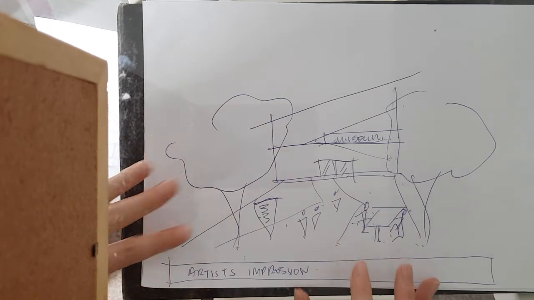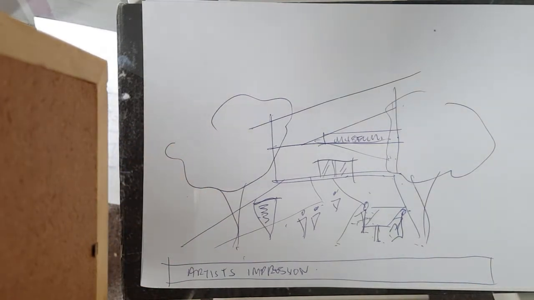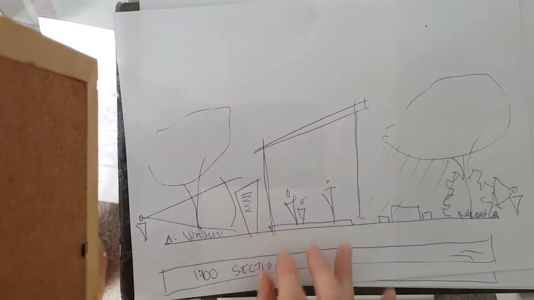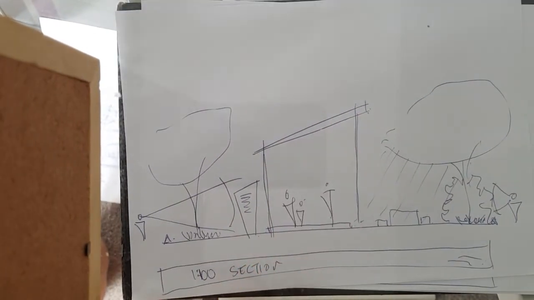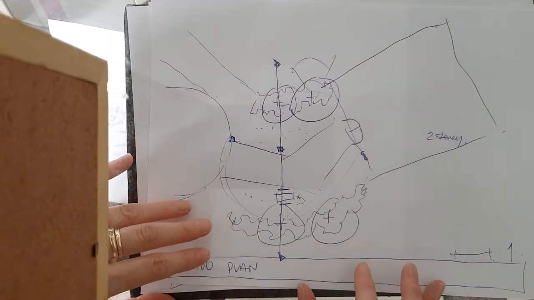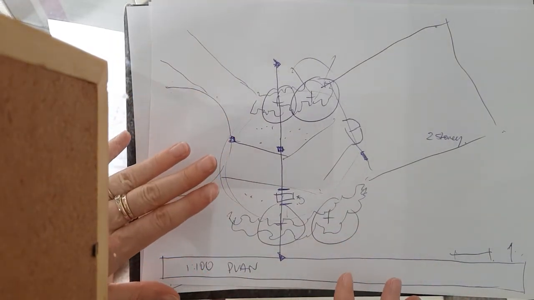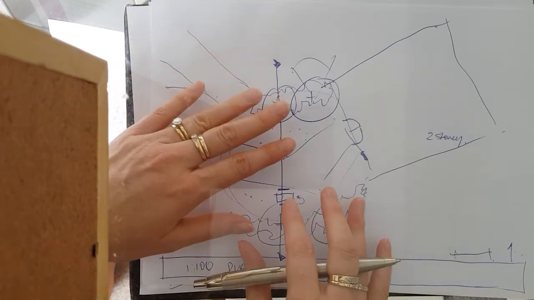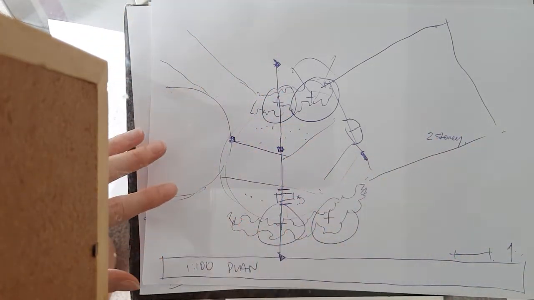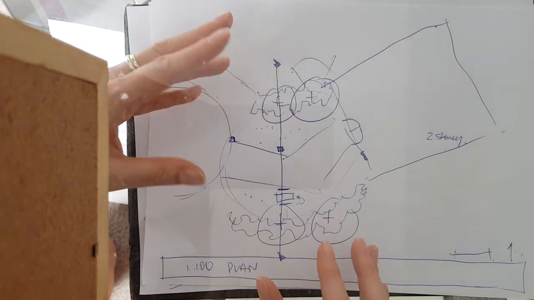So you've got your artist's impression, just going back the other way. You've got your cross-section of your design. Remember, a majority of your marking sits in this 1 to 100 plan of why you've positioned your buildings where they are, why this is the front of house space that you've chosen, what this is trying to achieve.